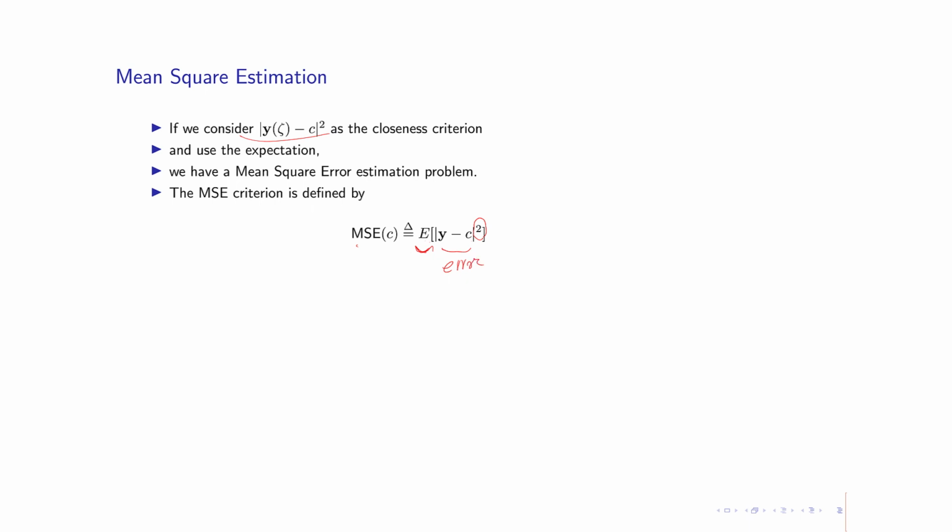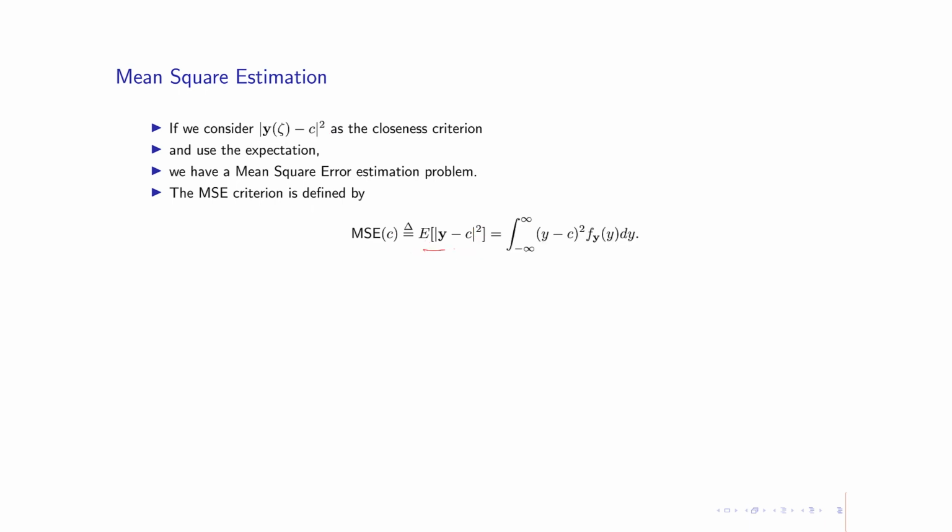If you minimize this function, which is called mean square error, the method is called the minimum mean square error estimation method. This is the simplest case, but it can become a bit more complicated when you have multiple random variables involved. You know some of them, you don't know some of them. Here, there is one random variable, we don't know it. So it's the simplest case, and it's ideal to start with.